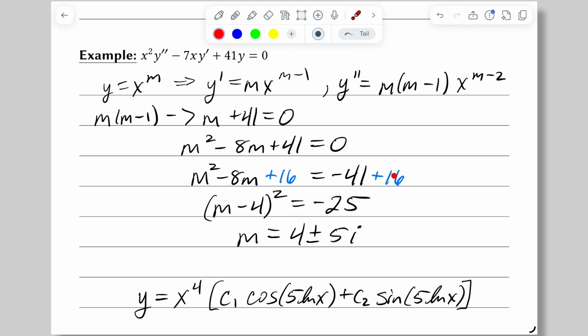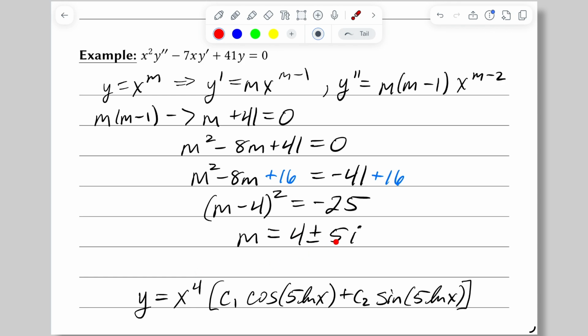Doing a little bit of manipulating here, m squared minus 8m is equal to negative 41, and completing the square means adding 16 to both sides, so I get m minus 4, the quantity squared, is equal to negative 25, so m is equal to 4 plus or minus 5i. The real part is going to become the exponent on x.